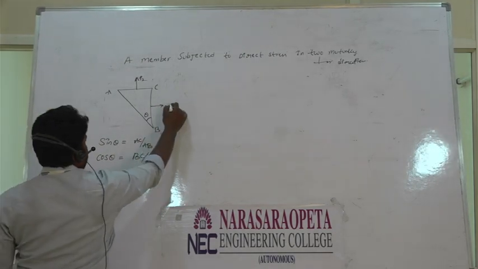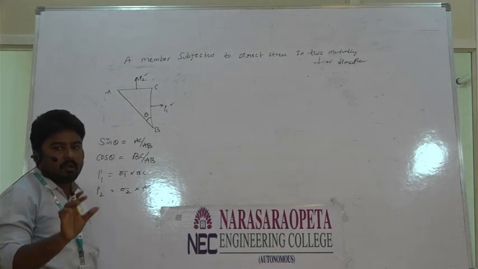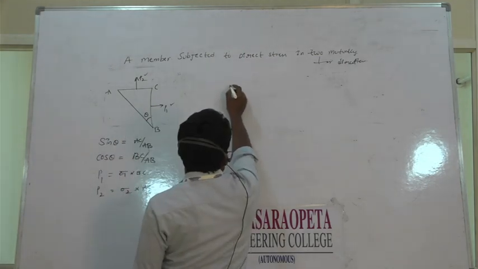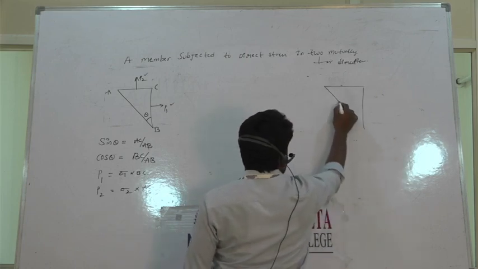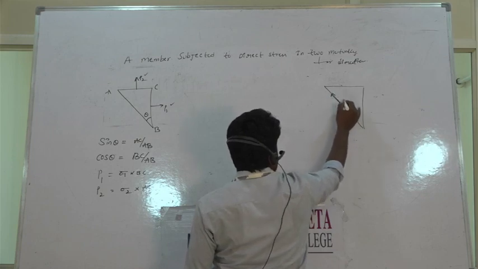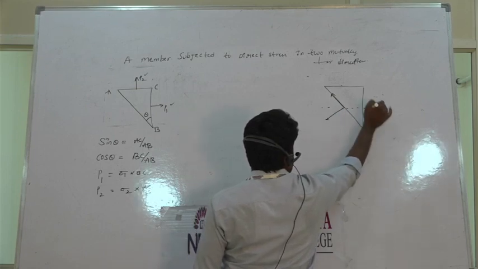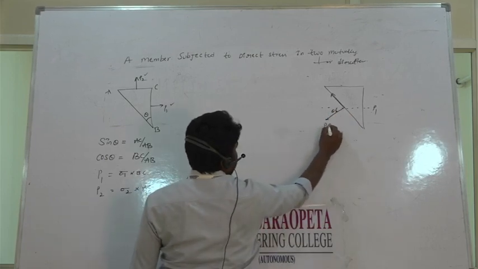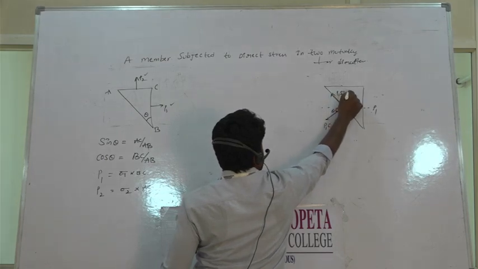So these two forces are further resolved into two components, that is the normal component and the tangential component. From P1 we resolve into two components: P1 cos theta, P1 sin theta.